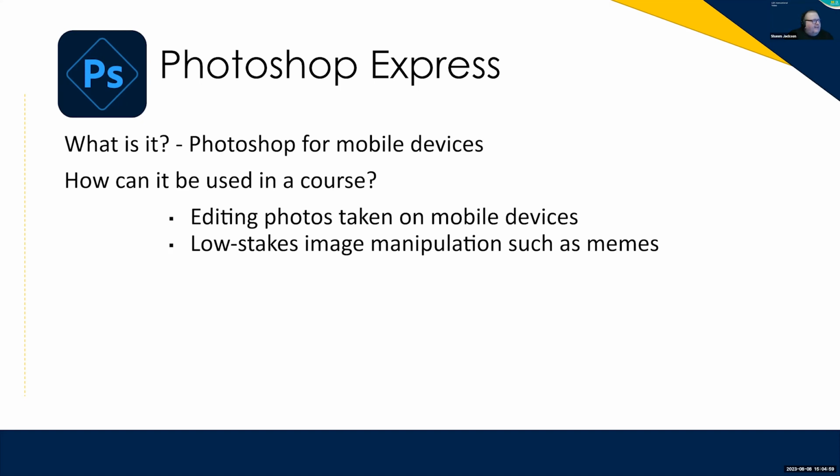So this would be something like low stakes projects using images, where you want them to create propaganda posters or memes based off of images they find online or photographs that they take with their phone. This is a real easy way for them to do that.